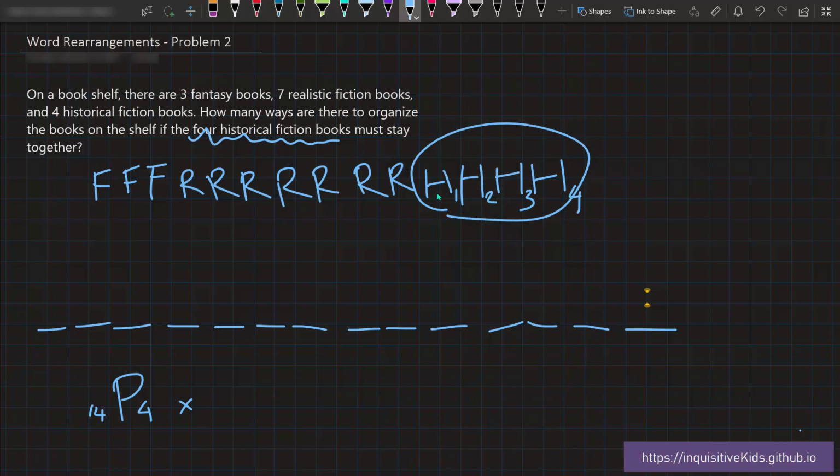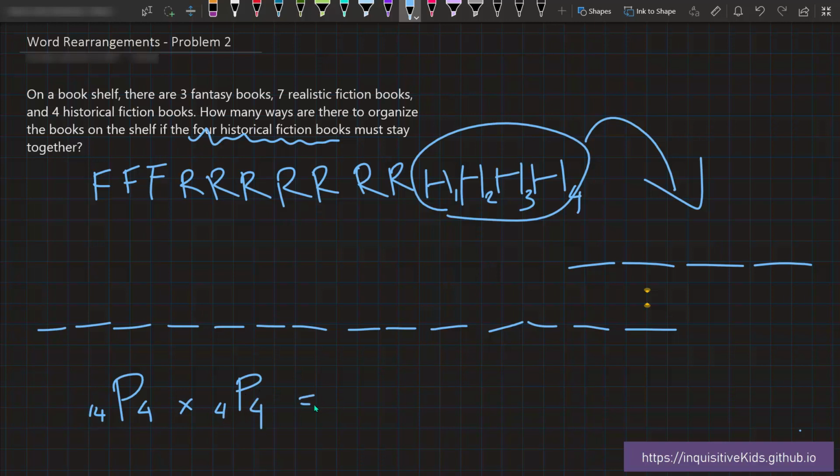For example, H1, H3, H4, H2, or H1, H2, H3, H4, or H4, H3, H1, H2. So there's different ways. So now just looking at this itself, we have 4 slots. And out of these 4 slots, we're trying to order 4 different books into them. So here we would have another permutation that's P44.